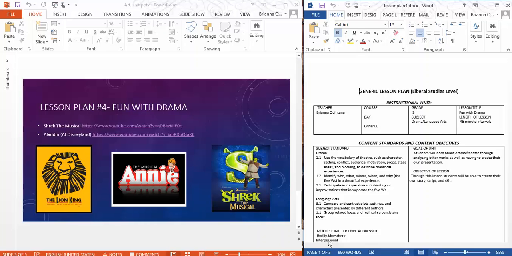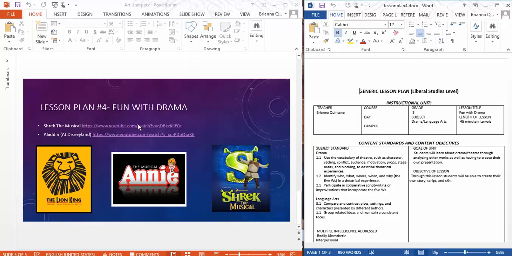And then in the script, when they write it, they will be taking care to add settings, add characters, make plots, stuff like this. And at the end, once all the students have presented their skit, they will be comparing and contrasting each group's script with one another, looking at the plot, the setting, and the characters and stuff like that.